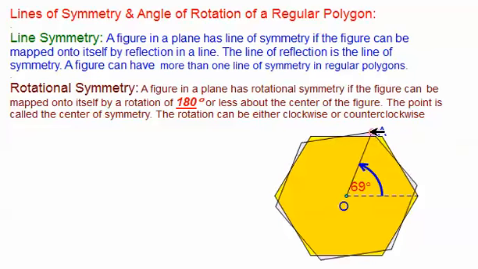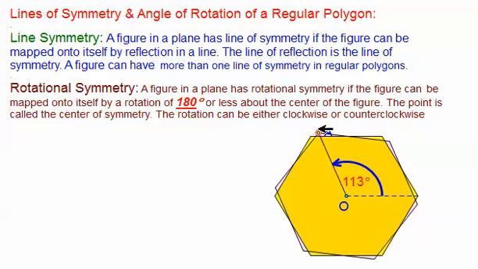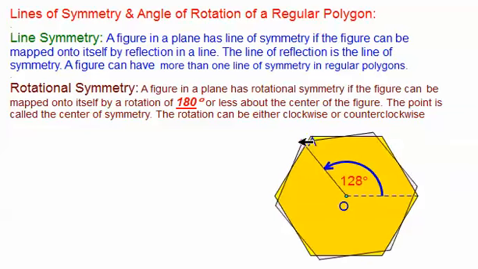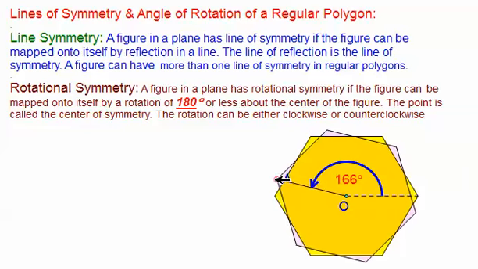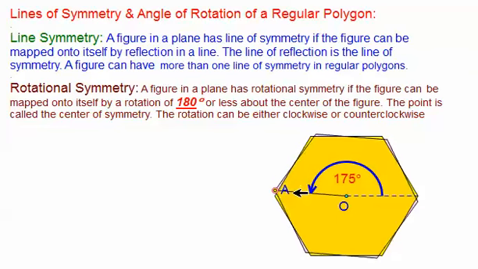The next one you can see is going to be 120 degrees. And then after this, if I keep moving, the third one is going to be 180. So we see there is a pattern.